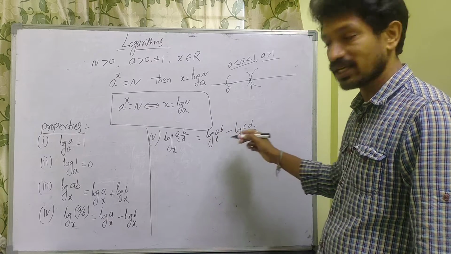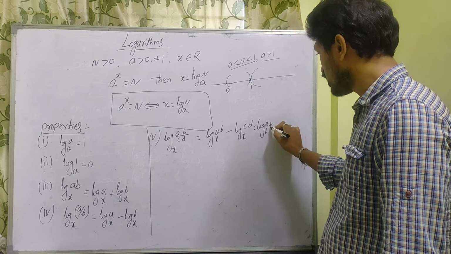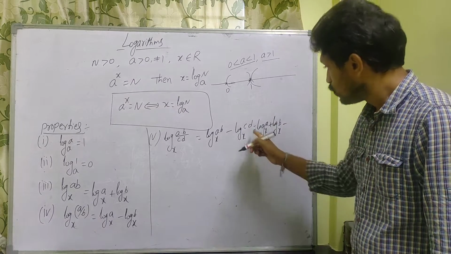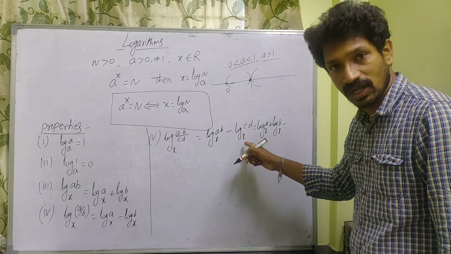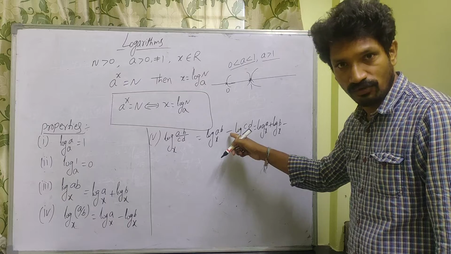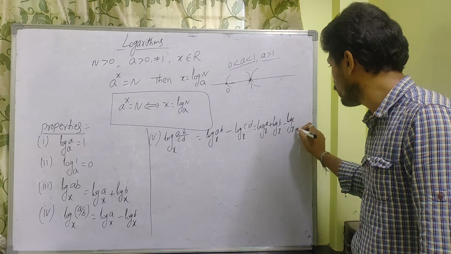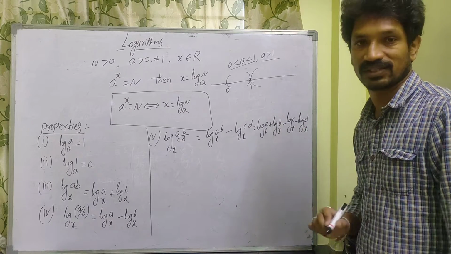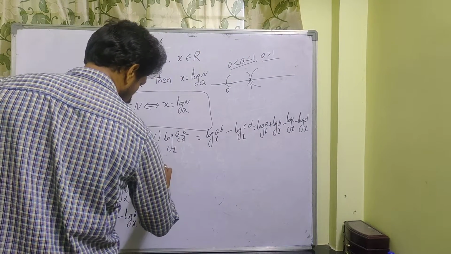Log ab to the base x is log a to the base x plus log b to the base x, minus, and you can expand this one also, log c to the base x plus log d to the base x. Because of the minus before, both terms become negative: log c to the base x minus log d to the base x. Okay.